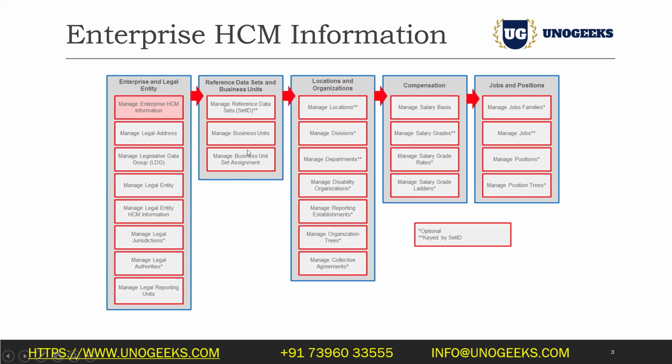Then we'll talk about business units, reference data sets, locations, divisions, departments, various types of organizations, and organization trees. Then we have salary basis, grades, grade rates, grade ladders, and everything about grade steps. Then we will also talk about jobs and positions.